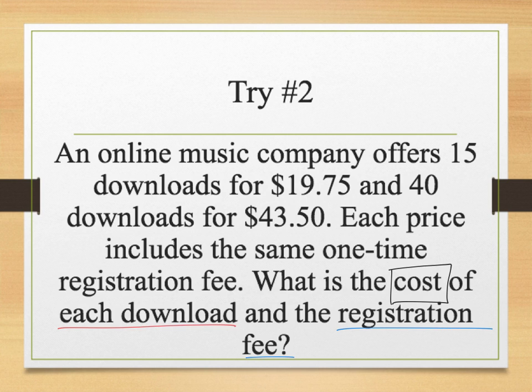Again, they're telling us that the registration fee is the same. Okay, so dealing with the context, we know that for 15 downloads, the cost is $19.75, and for 40 downloads, the cost is $43.50. So let's go ahead and write up those equations and solve on the next screen.